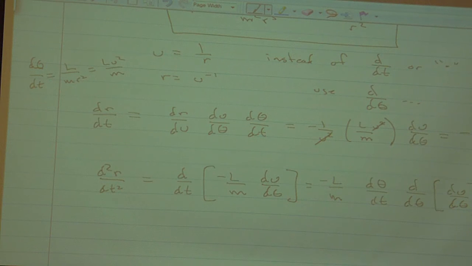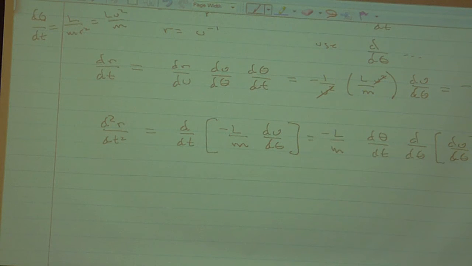So if I'm going to take d/dt now of dr/dt, the second derivative of r with respect to t squared is d/dt of dr/dt. dr/dt I just found out was minus L over m du/dθ. But d/dt I'm going to write as dθ/dt d/dθ. So dθ/dt is L over m r squared.